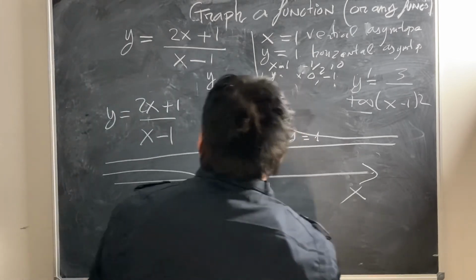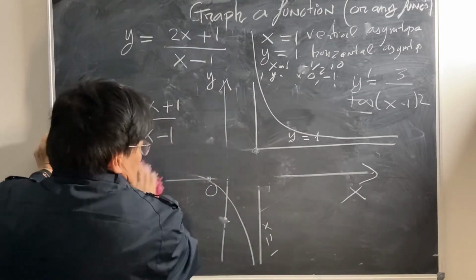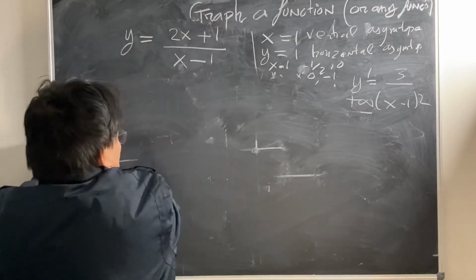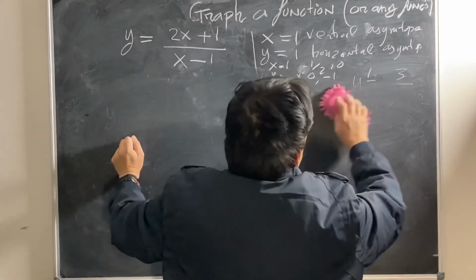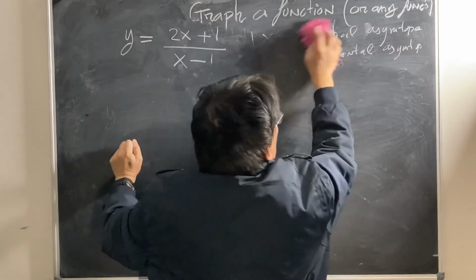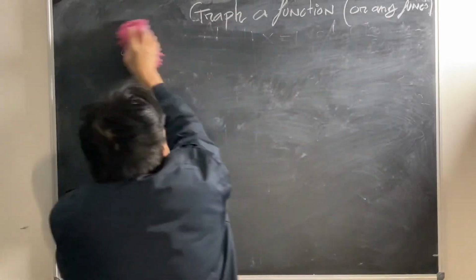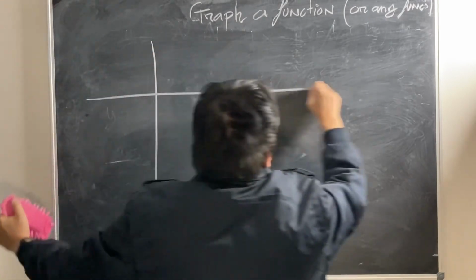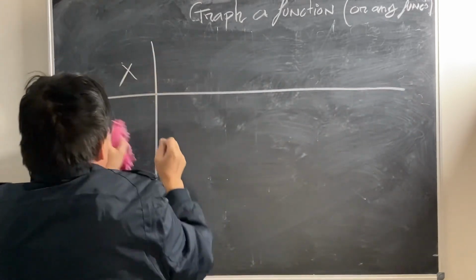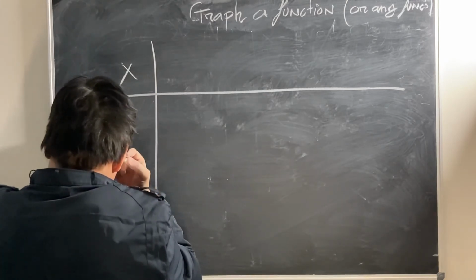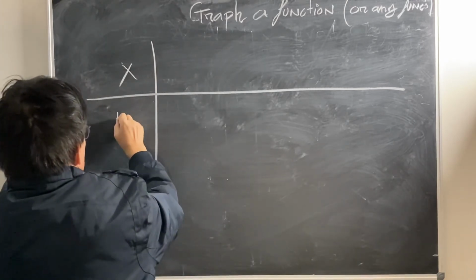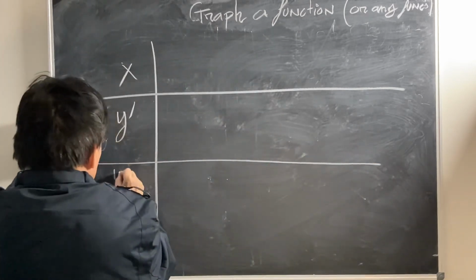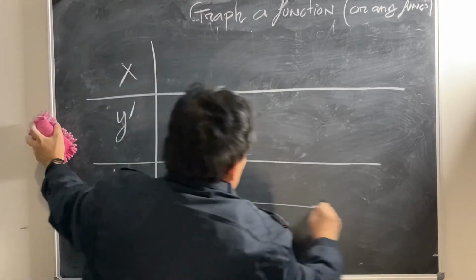Alright, so let me summarize. It's kind of complicated, but you need to practice to get used to this method. On the table here, the first value is x, then y prime, and you can have y second prime if you want, and here y.